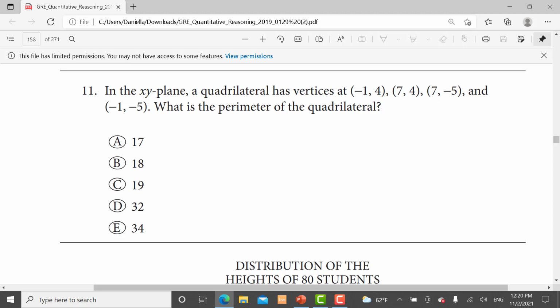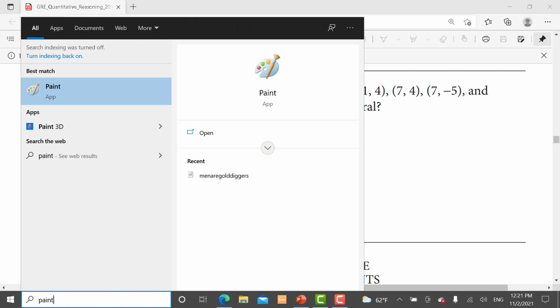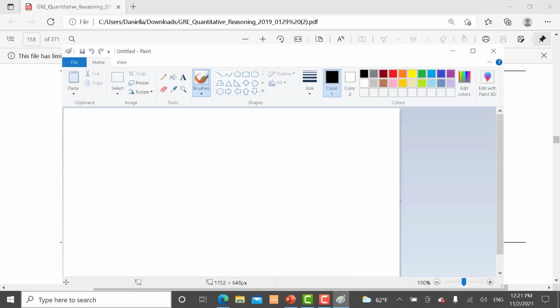This is actually a very simple problem, but it's really hard to visualize without making the graph. So to begin with, we are going to use a whiteboard, and I'm going to draw the picture.